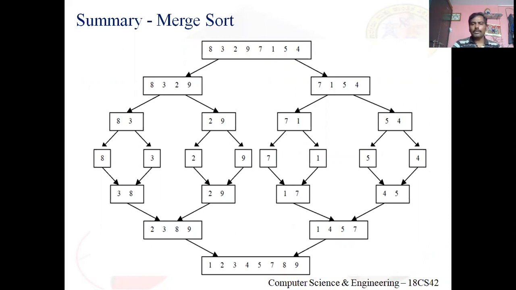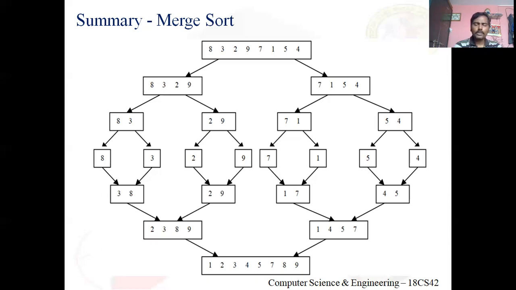The other array containing 1, 4, 5, 7. This level contains 2 subarrays, and those 2 subarrays are sorted. They are nothing but solutions for the subarrays which are at the level below.